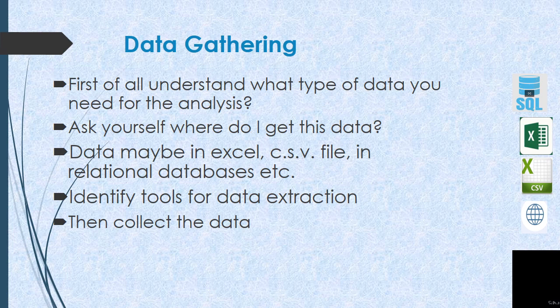Note that the data may be in different forms. It may be in Excel, in a CSV file, in relational databases, among others. Knowing the form in which the data you need is will help you identify the right tools for data extraction. Having all this in mind, now it is time to collect the data.